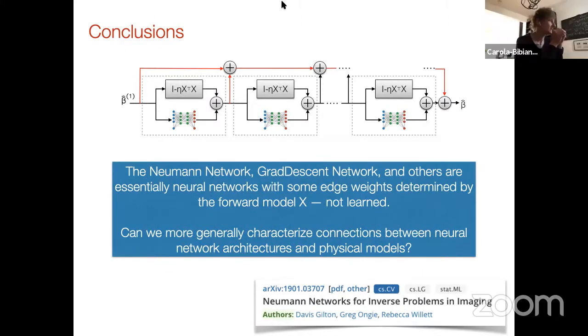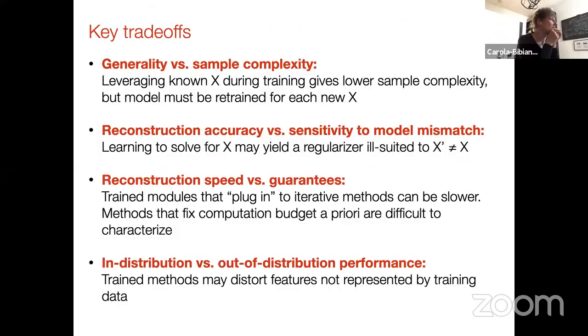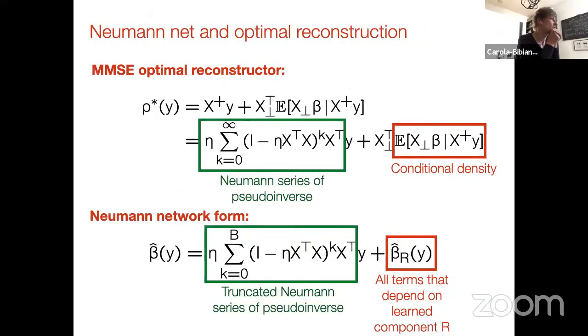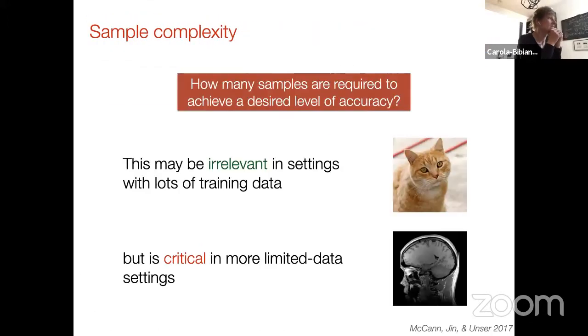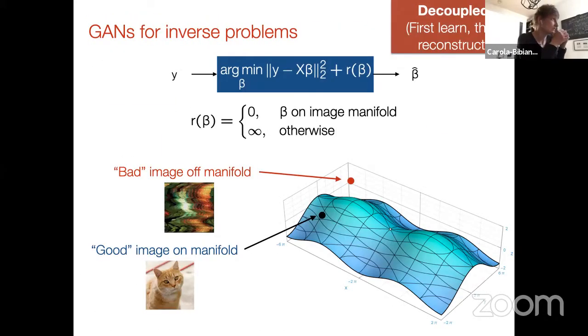For instance, if you have a nice linear forward operator with a pseudo-inverse, you could use that to create training examples. Going back to your picture of the generative idea of lying on the image manifold and lying outside of it, one thing you could do is to say a bad image is an image that results from applying the pseudo-inverse to the data. So there are ideas around that.